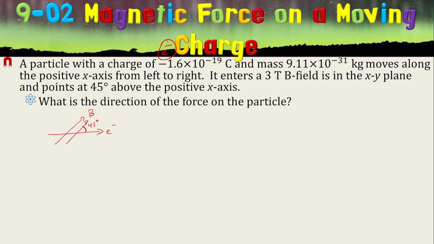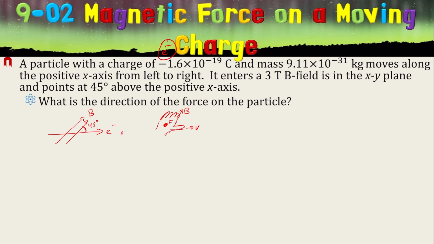Well, we'd use our right-hand rule. Fingers would point that way. Thumb's going to point that way, which means our force is going to come out of our palm, so it's going to come that way, straight up at us out of the paper.